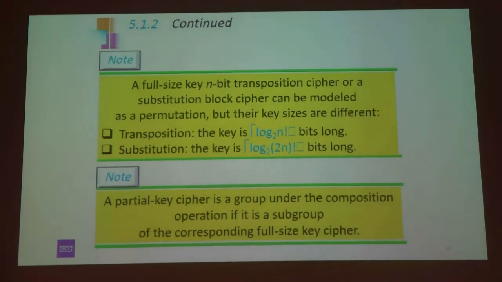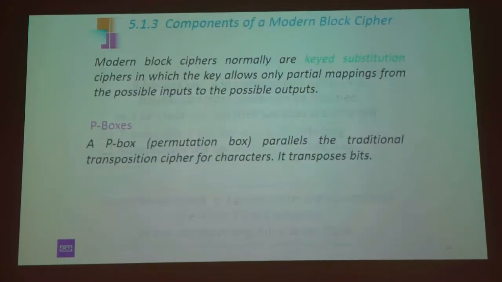All right, so a full-size key n-bit transposition cipher or a substitution block cipher can be modeled as a permutation, but their key sizes are different. Anyways, for a transposition, the key size will be log base 2 of n factorial.